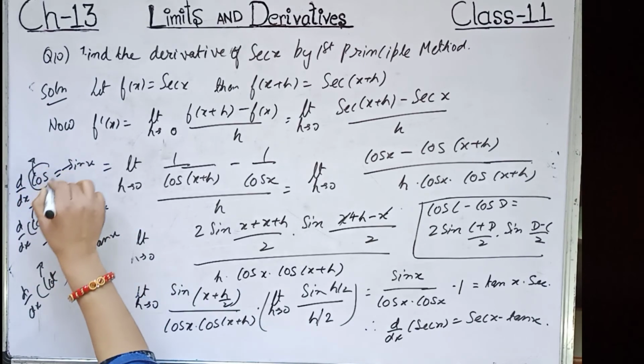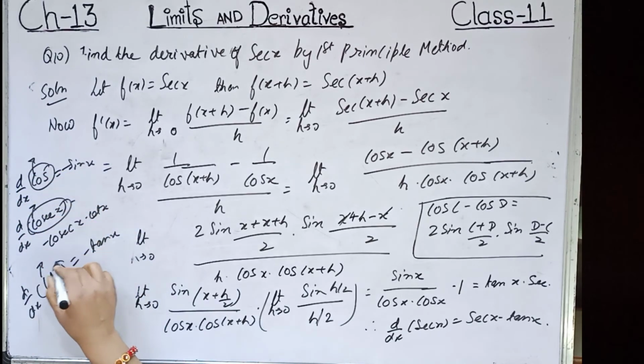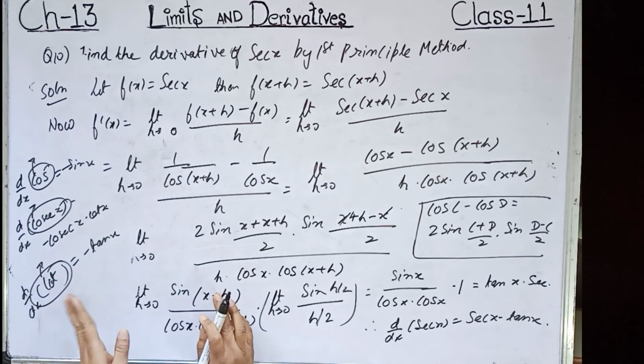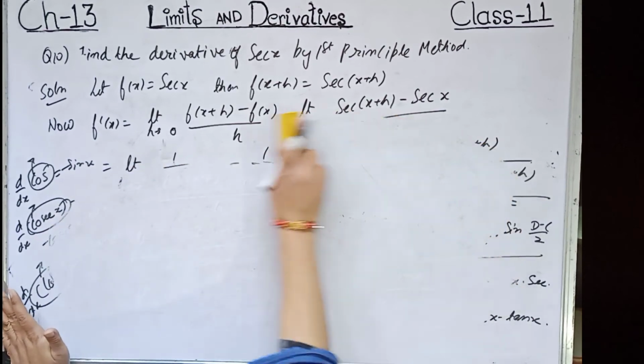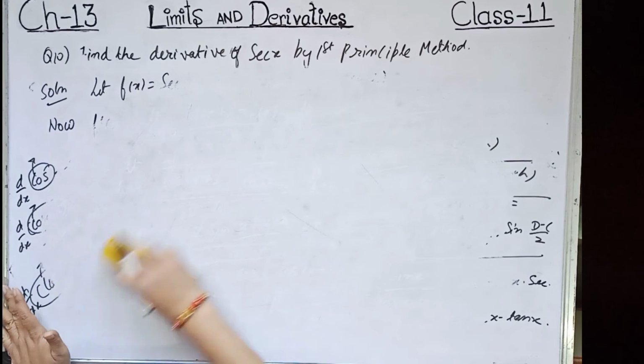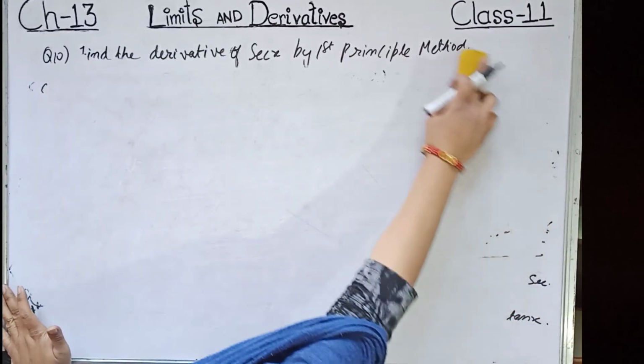So keep in mind, the derivative of the trigonometric terms which start with c is always negative. With that also we can remember. So to some extent the derivative of the basic functions I have done over here.